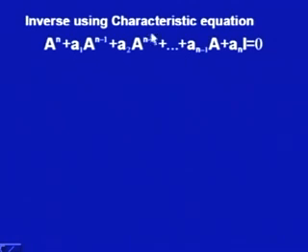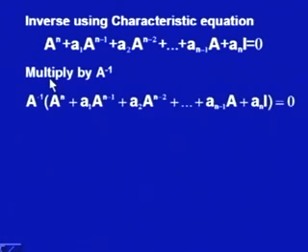We can use this result for finding the inverse of a given matrix. If we start with the characteristic equation, lambda^n plus a1 lambda^(n-1) plus a2 lambda^(n-2) and so on, and we write down the corresponding matrix equation according to the Cayley-Hamilton theorem, we will have A^n plus a1 A^(n-1) plus a2 A^(n-2) and so on equal to 0.